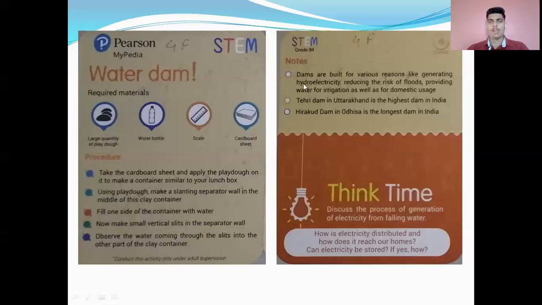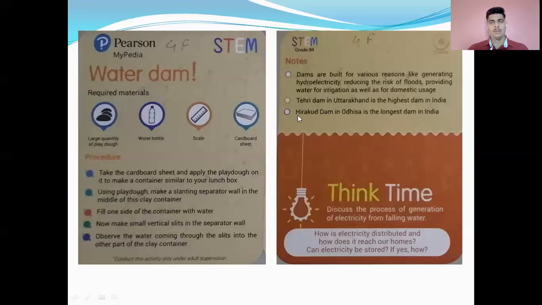Now here are notes. Dams are built for various reasons like generating hydroelectricity, reducing the risk of flood, and providing water for irrigation as well as for domestic uses. Now, here, Tehri Dam in Uttarakhand is the highest dam in India. This is one of the facts.